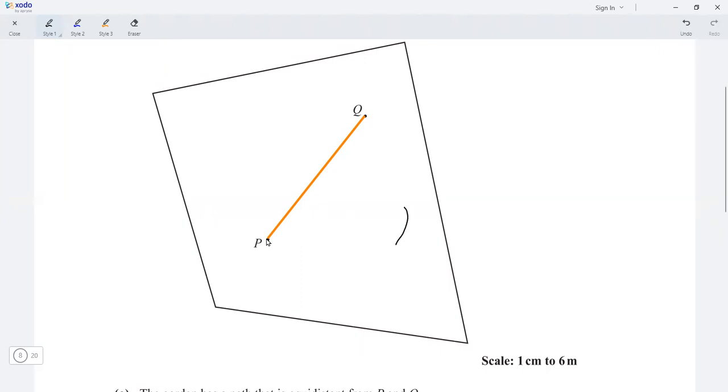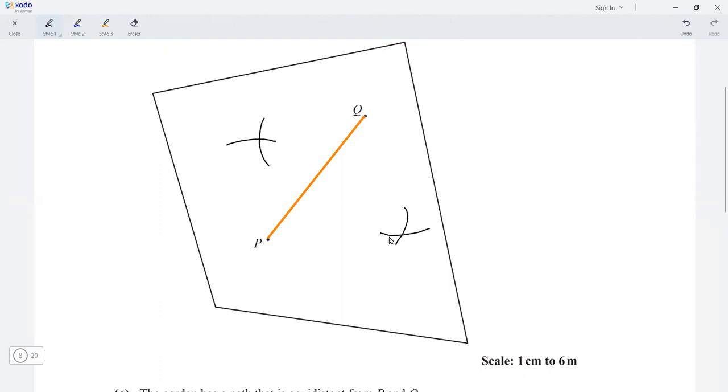Similarly, at the same point where we put the needle of the compass, we have to draw the same type of arc on the other side of the line. Then with the same compass opening, we draw arcs from Q which must intersect both of these arcs. Something like this.